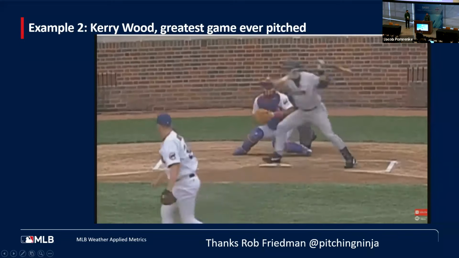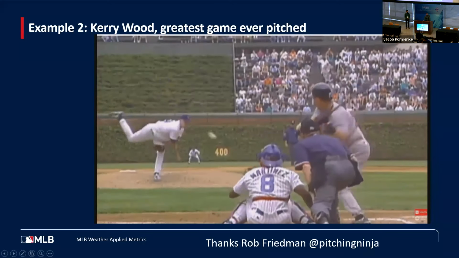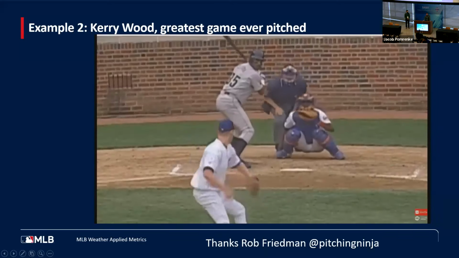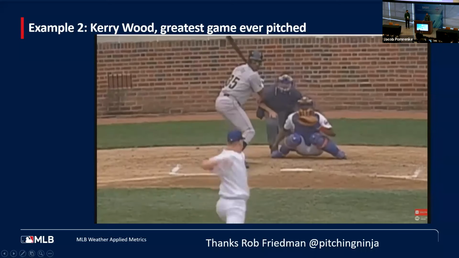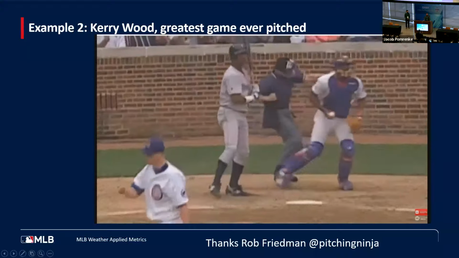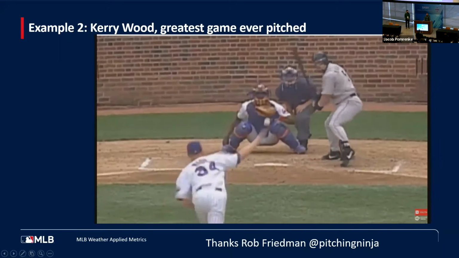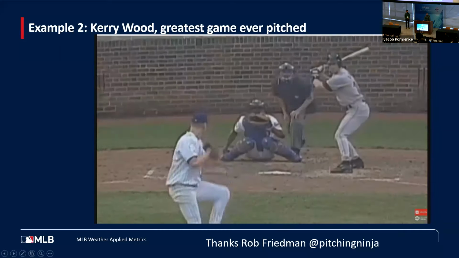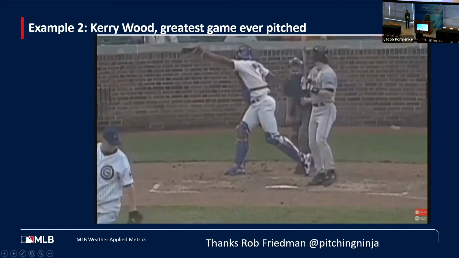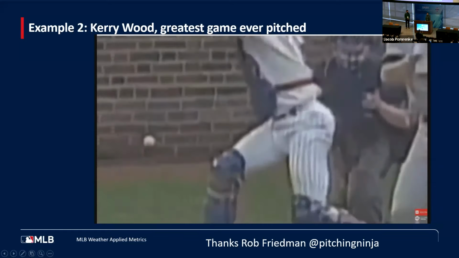Wood's fastball, which could touch 100 miles an hour, was just overwhelming. But his breaking stuff, holy crap, this is unbelievable. He's making Hall of Famers look like they've never seen a curveball before. Check out this swing by Brad Ausmus on a slider that bounced maybe 5 feet in front of the plate and then ended up bouncing off the backstop.